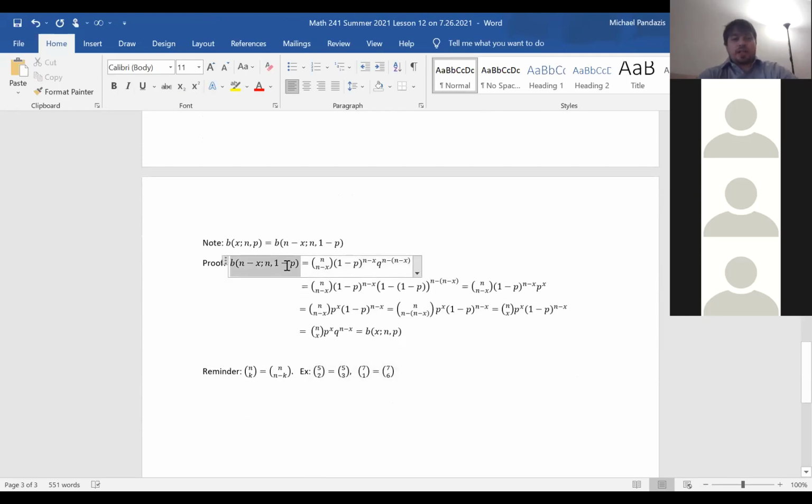Okay, and so I just showed us that this is equal to this. So I just proved the note and reminded you of the relationship between different combinations. Okay, any questions?